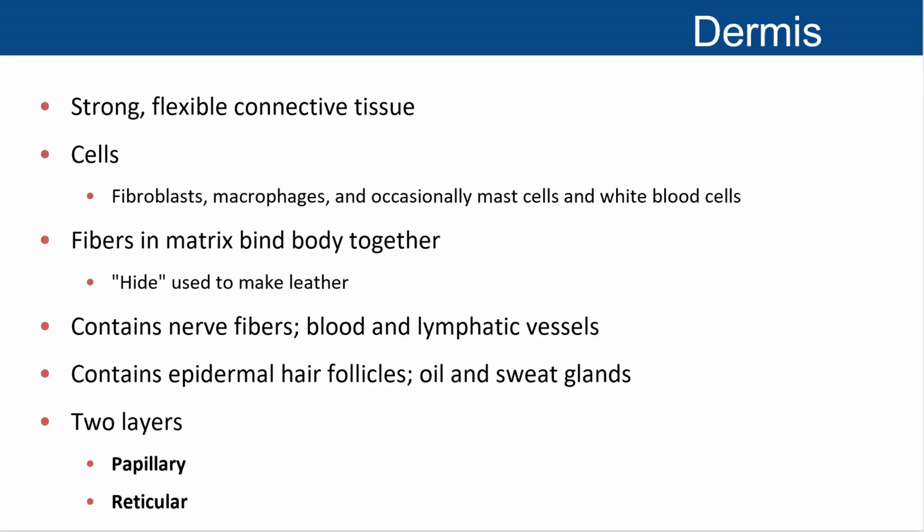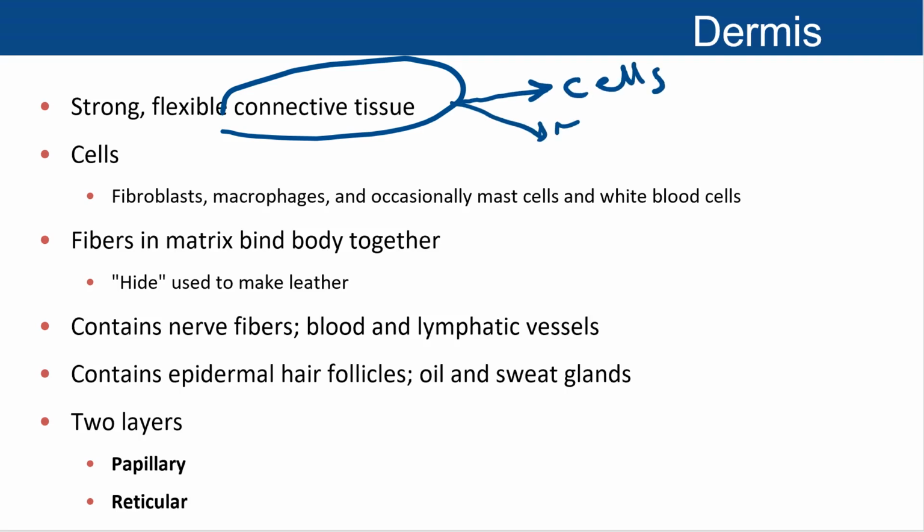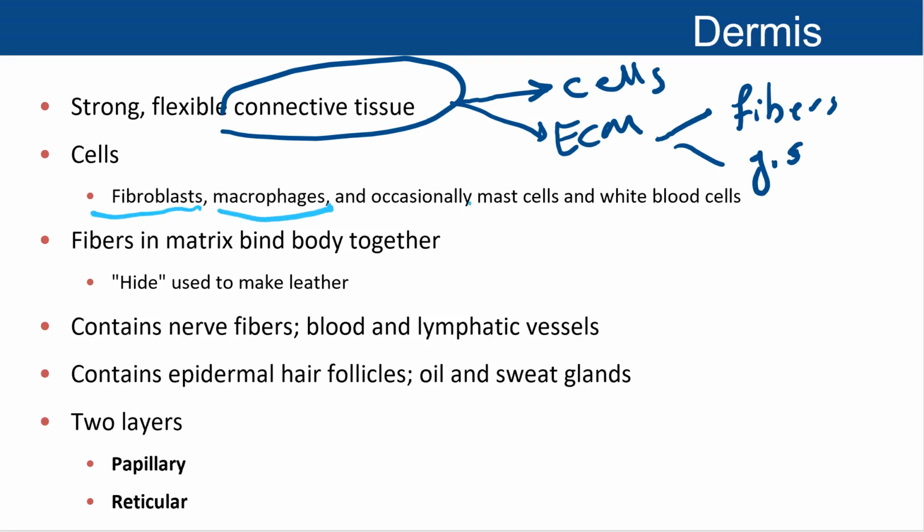Dermis is made up of connective tissue. In the chapter before this, we talked about the connective tissue structure, which is composed of cells and extracellular matrix, which has fibers and ground substance. The cells that we can find in the dermis are fibroblasts, macrophages, mast cells, and white blood cells.